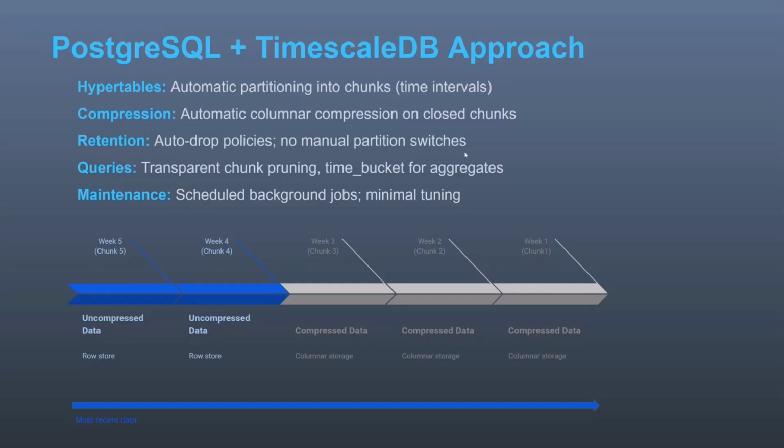I will showcase this. Chunk pruning, which is similar to the mentioned partition elimination in SQL Server, and time bucketing for our aggregates. Maintenance is done via scheduled background jobs that do not require much attention.